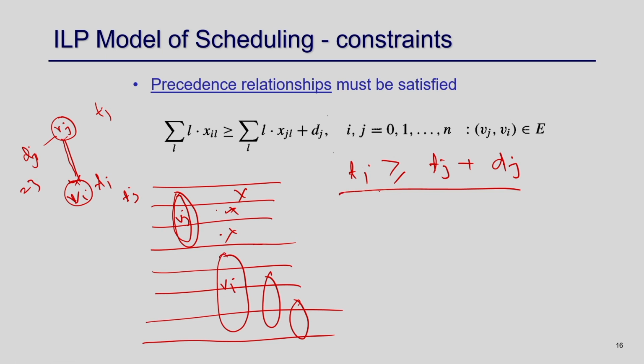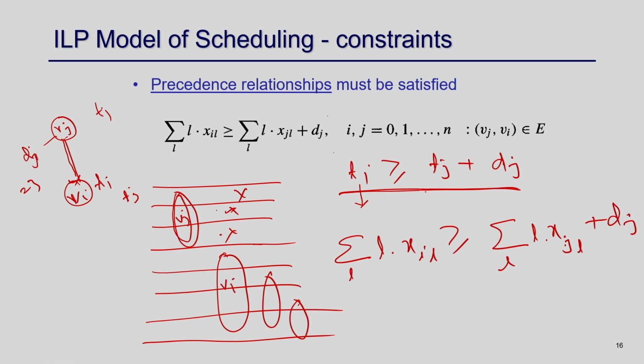This is obvious. Now, I do not have the Tj variable in my ILP formulation, I have only x_il. So, I can represent this in terms of x_il, which I have already discussed is basically L into x_il. And Tj is the summation of L into x_jl, and Dj stays Dj because it is a constant value.